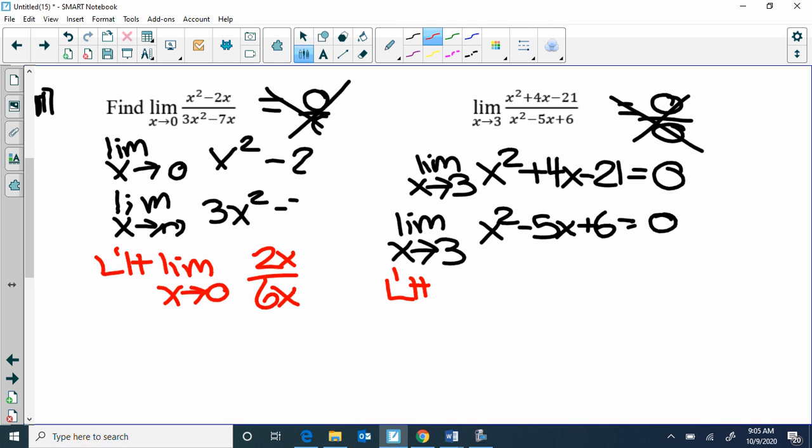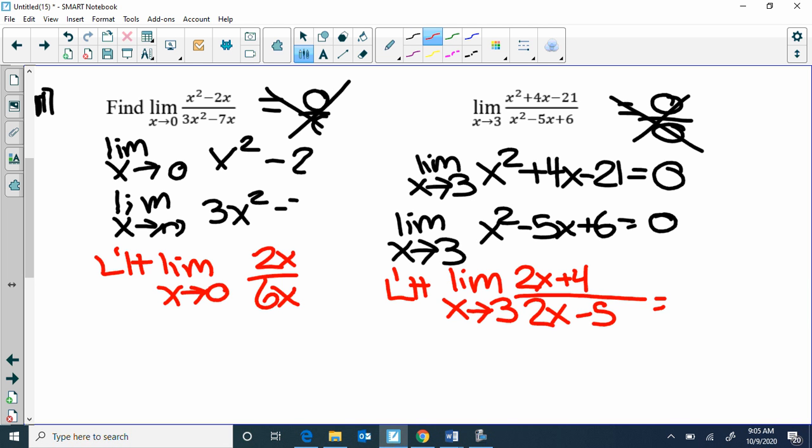Thank you. You can apply L'Hopital's rule. In other words, you can take the derivative of your numerator, so I'm going to have 2x plus 4, and then take the derivative of your denominator, 2x minus 5.